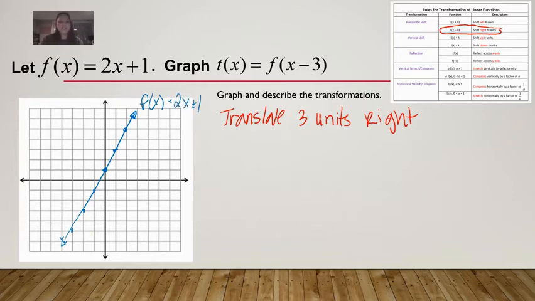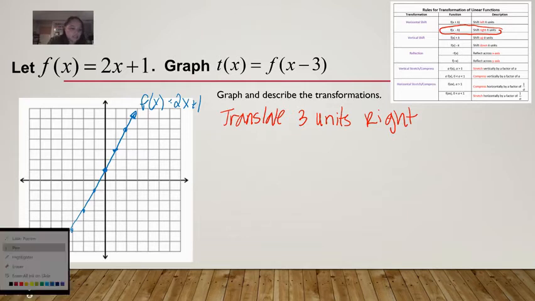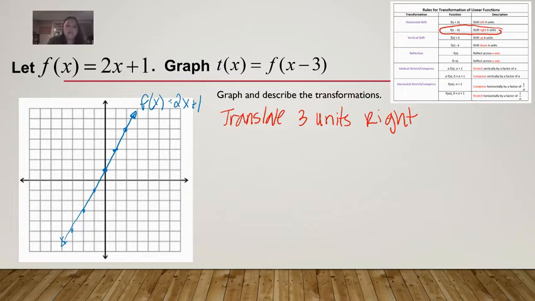Now, what it's telling you to do is take your t of x. So in order to get t of x, we're going to take f of x, the original function, and shift it 3 units to the right. Okay, so I'm going to actually do that part before I do the calculations and solve it algebraically. So I'm going to change my color to red because I'm going to graph t of x.